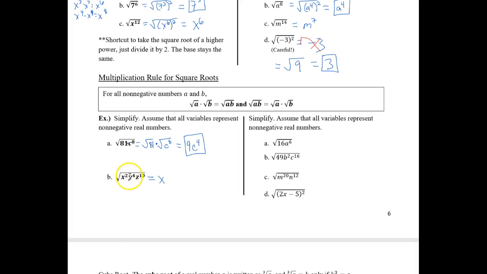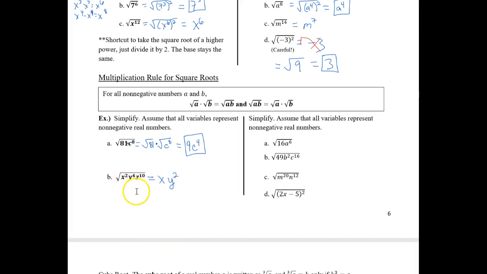We're taking the square root of y to the 4th power. So again, I use that exponent. I divide it by 2, 4 divided by 2 is 2. So I end up with y squared when I take the square root. Again, because y squared times y squared gives me that value underneath the radical.